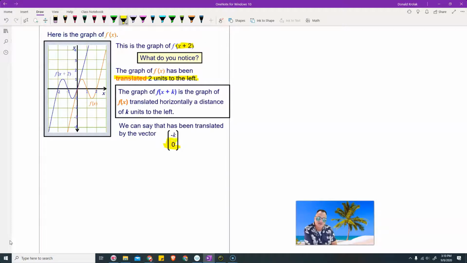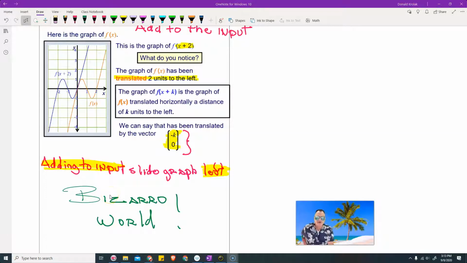And that's how I represent it using a vector. So when we add a value to the input, when it looks like we're adding to the input, we're really not. The graph is really moving in the opposite direction that you would assume. That's what we mean by bizarro world.